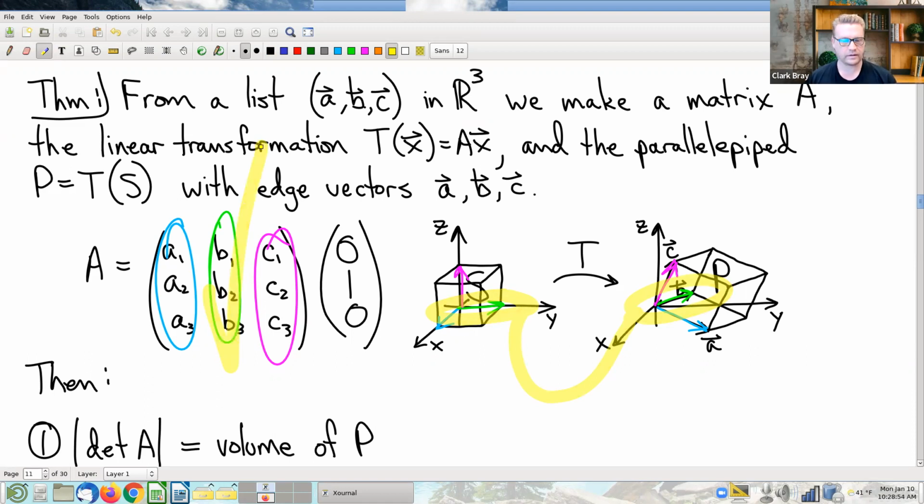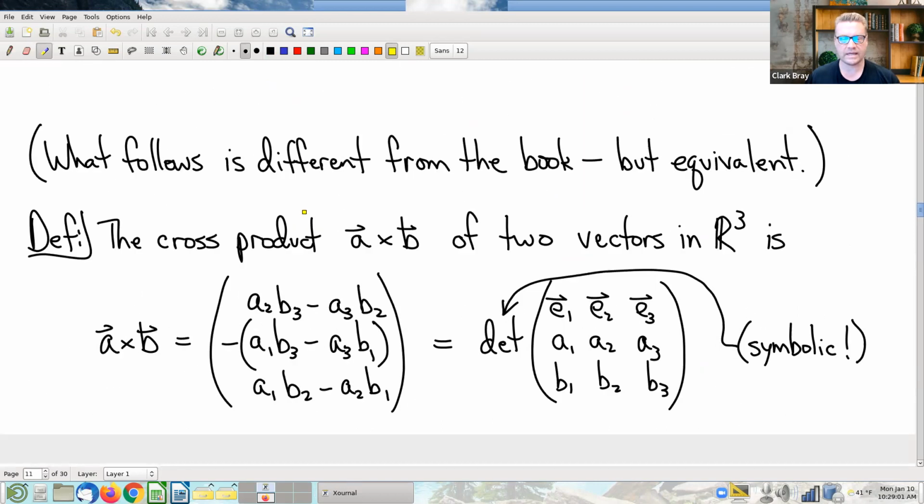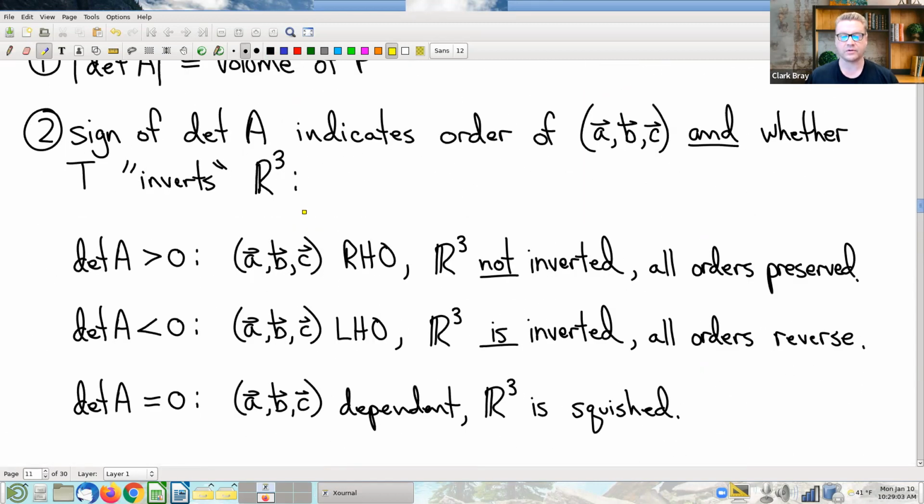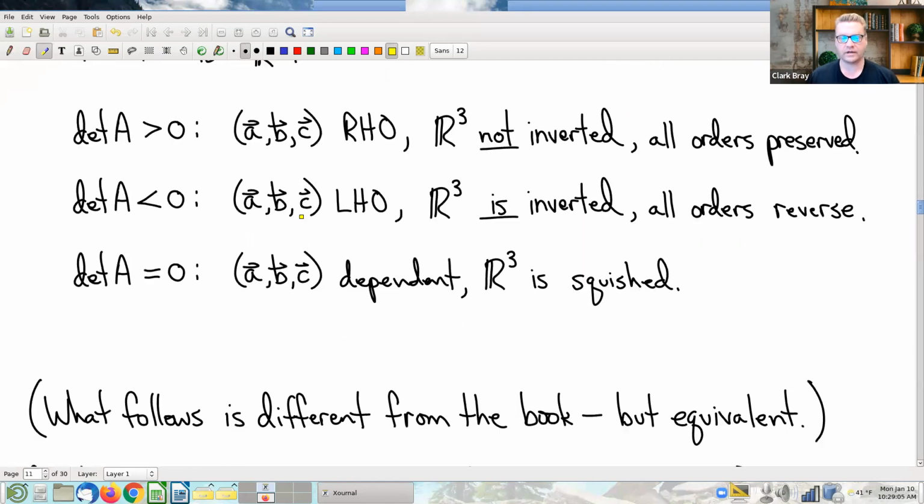Good. Okay, so I hope this theorem looks familiar. Again, this should have been covered in Math 218. And with that down, I'm now going to define the cross product, finally. I do want to note, and this is important, that the way I'm defining the cross product is different from the way the book defines it.